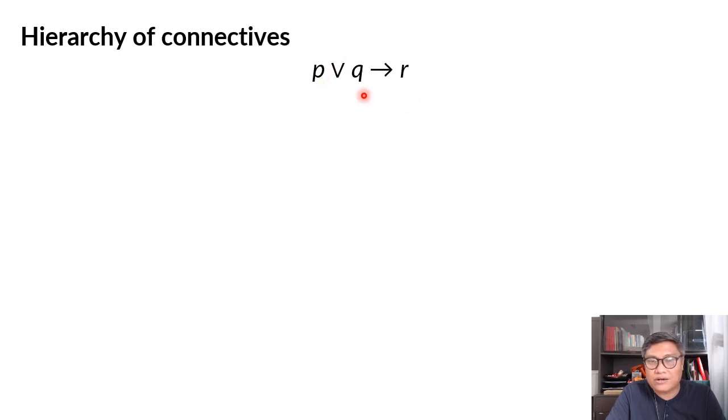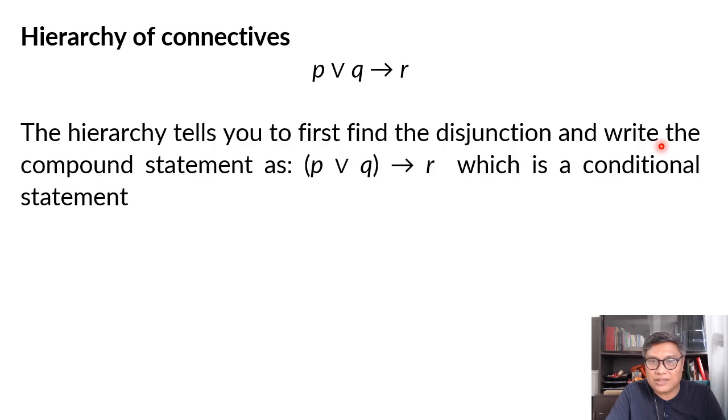So if we have here connectives that contain two and there is no parentheses, so we have to apply the hierarchy of connectives. So we notice here that we have our disjunction, which is the or, and that of the if then statement, which is now our conditional. So we know that the disjunction is higher than the conditional, so we have to rewrite this in such a way that we are going to simplify first the disjunction.